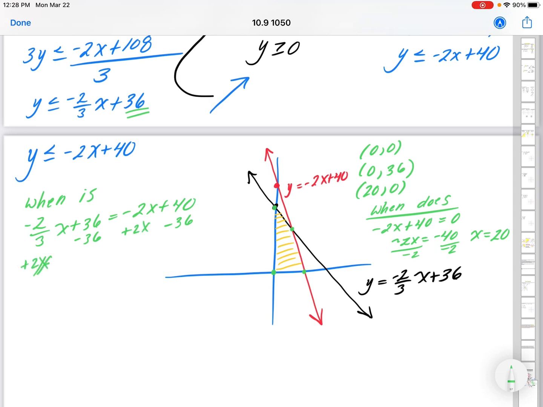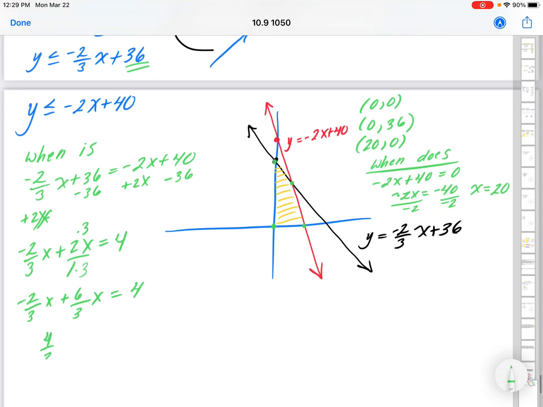So we have negative 2/3 x plus 2x equals 4. If I were to get a common denominator here, I'd times by 3. So that's negative 2/3 x plus 6/3 x equals 4. So that would be 4/3 x equals 4. So I would times by 3, 4x equals 12, therefore x equals 3.